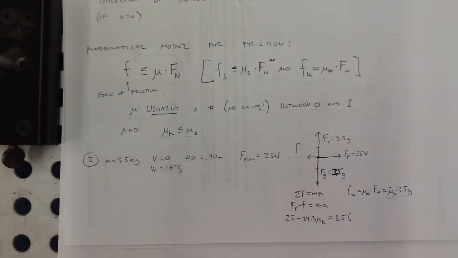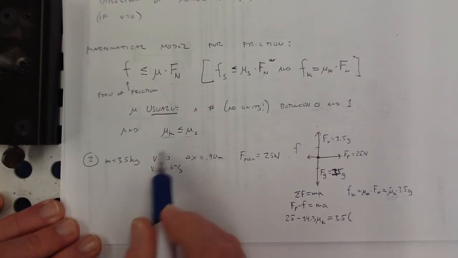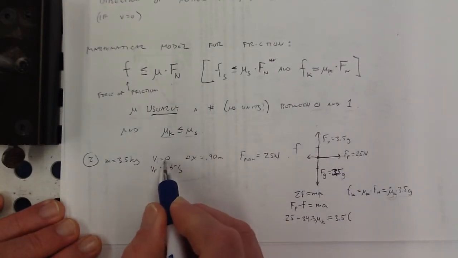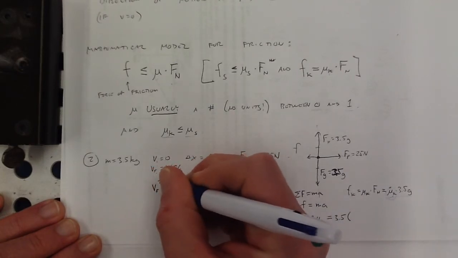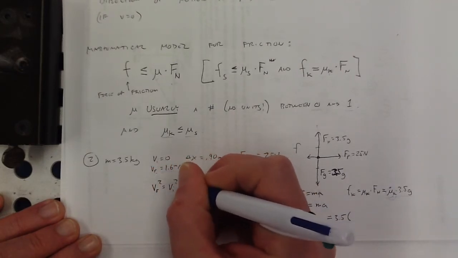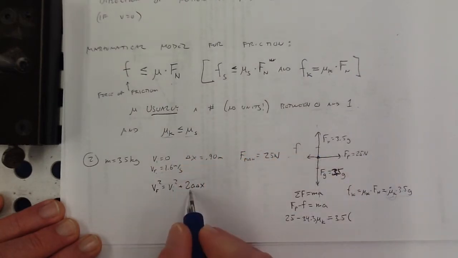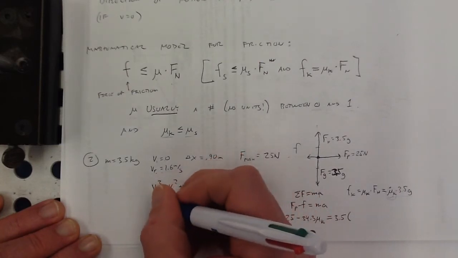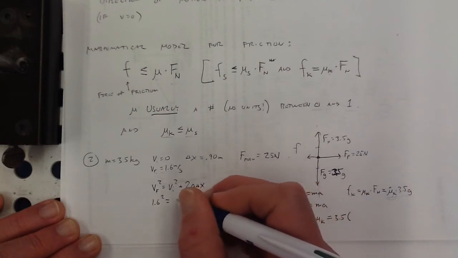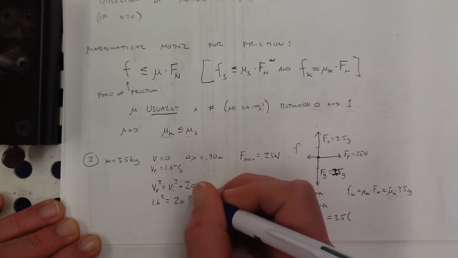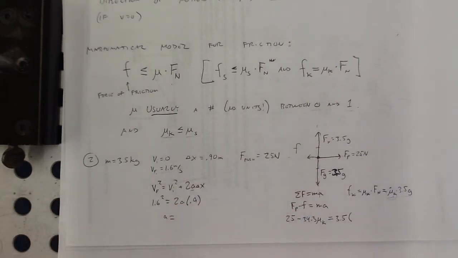times its acceleration. Well, I can't have two unknowns in this equation, so I'm looking back over here, and if I know the initial velocity, final velocity, and the delta x, then I can do a little kinematics to find that a. So 1.6 squared is equal to 0 squared plus 2 times a times 0.9.